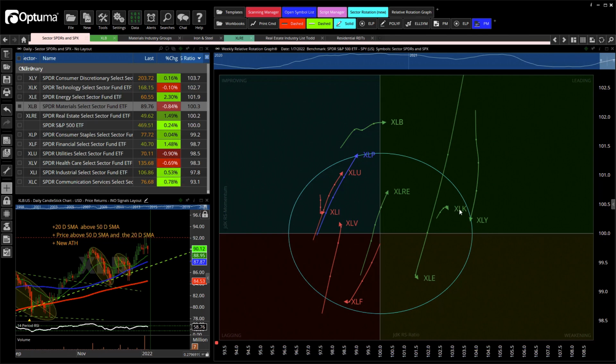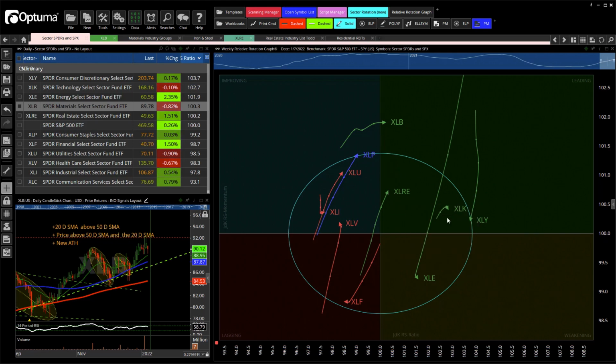Well, this quadrant here is the leading quadrant, meaning that we have a higher relative strength ratio and high momentum currently in the consumer discretionary and the technology sectors, and recent new entries here with the materials sector and the real estate sector.